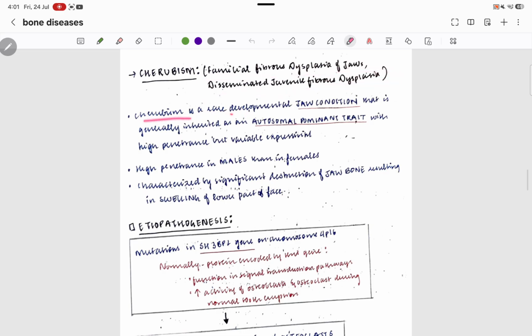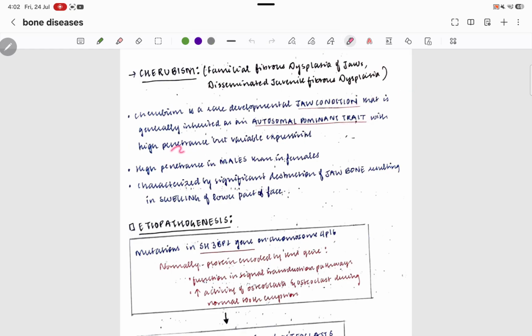Cherubism is a rare developmental jaw condition that is generally inherited as an autosomal dominant trait. So cherubism is a genetic condition developing in the jaw and is inherited as an autosomal dominant trait.